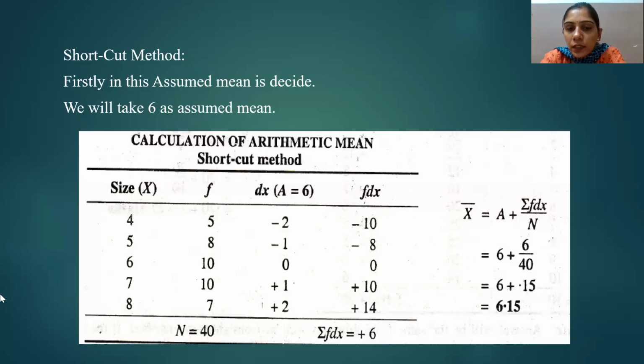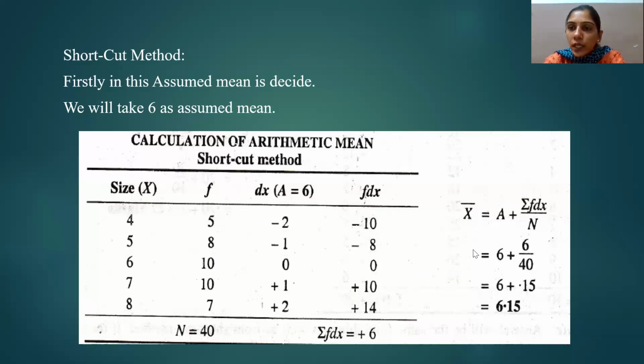So now we will put all these values in the formula for calculating mean under the shortcut method. So mean is equal to a plus sigma fdx upon n. The assumed mean is 6, plus the sum of fdx which is also 6, and the sum of f, that is n, is 40.